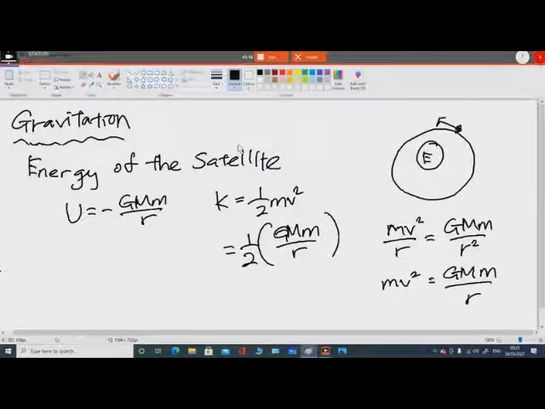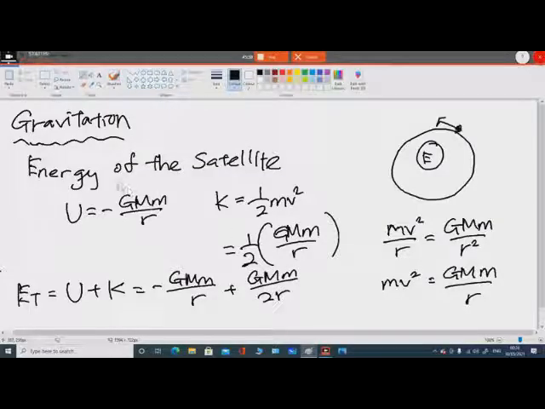Alright, so our total energy is given as U plus K, which is negative GMm over r plus GMm over 2r.